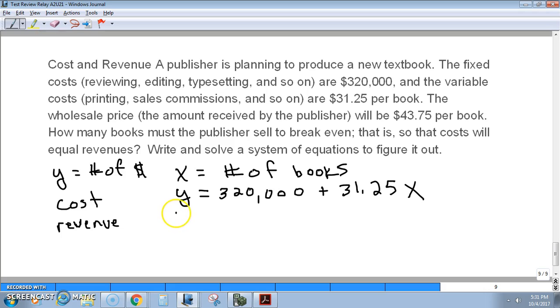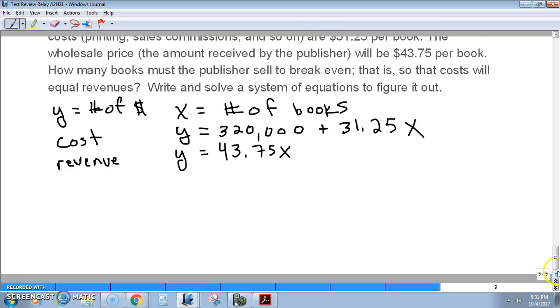And for revenue, we have y equals, this is a lot easier, we're flat out making $43.75 per book. So this is set up, if you're going to solve it algebraically, really well to just set them equal to each other. 320,000 plus 31.25x equal to 43.75x.